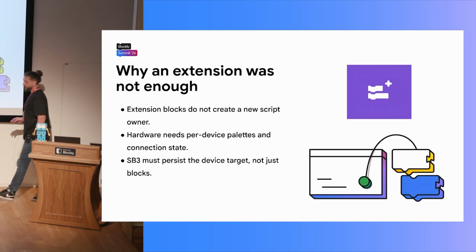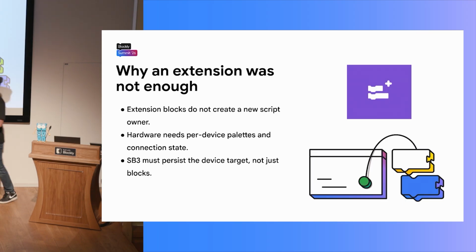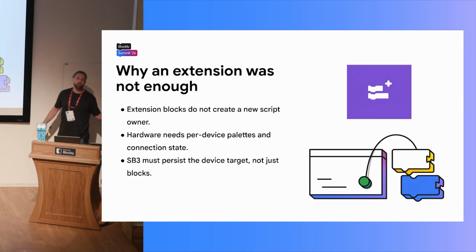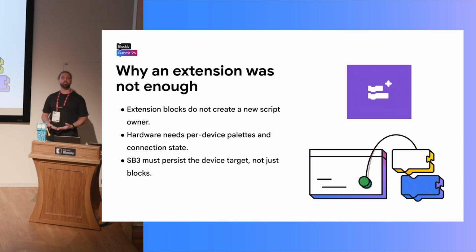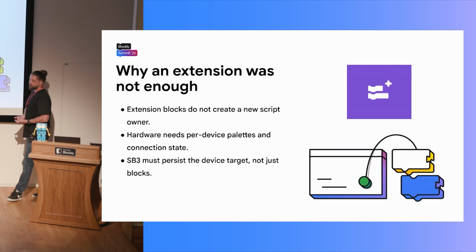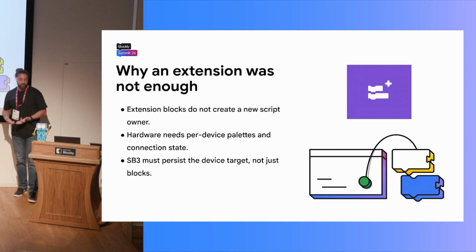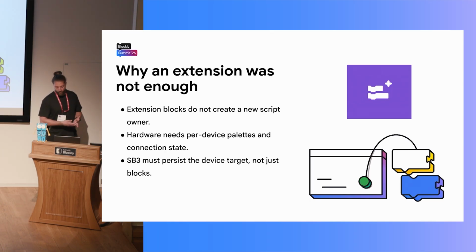Now, why extensions didn't quite cut it? Extensions are useful when you want to add vocabulary: new commands, reporters, variables, and capabilities. The limitation for us was ownership, because extension blocks belong to an existing sprite. That might be enough if the hardware commands are simple, but in the case of Marty and Cog, we wanted the device to have its own variables and scripts, connection status, as we said, and saved project metadata.